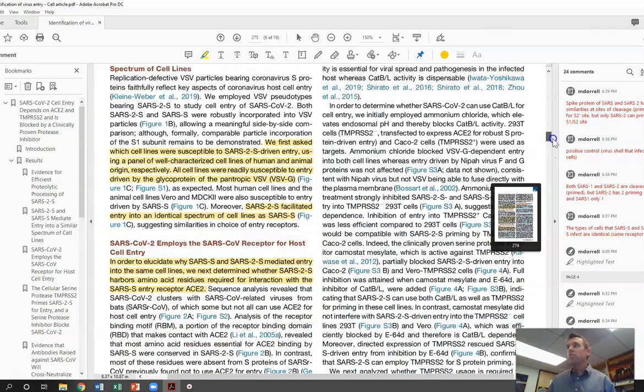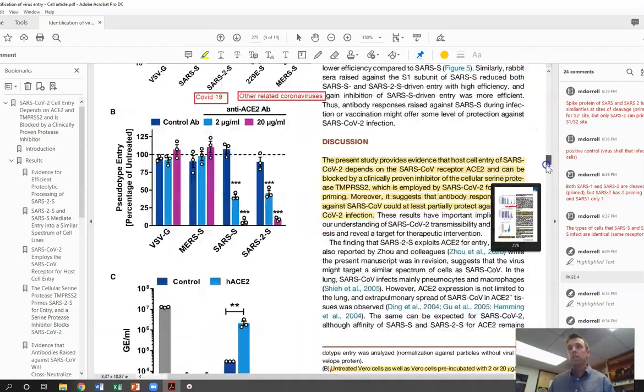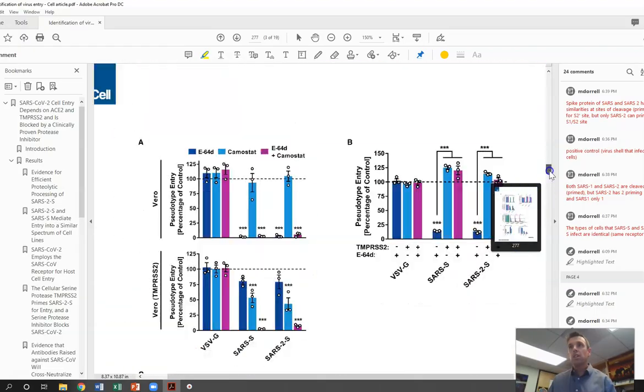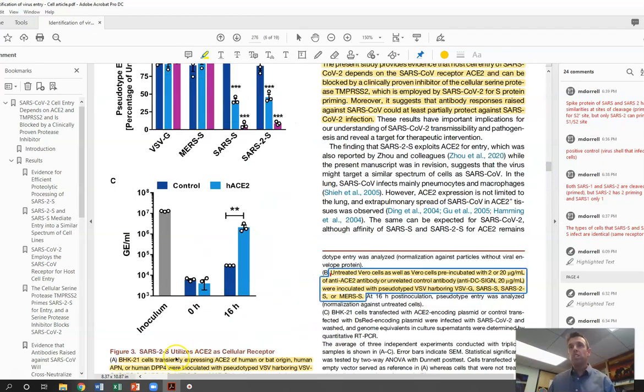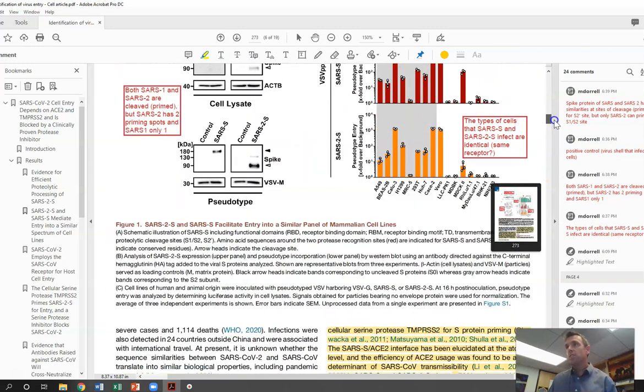This is a little bit subtle, and you might not have gotten it. I know I'm making you dizzy, sorry. Those BHK21 cells, right here, were not infected by the virus because those BHK21 cells don't express ACE2.